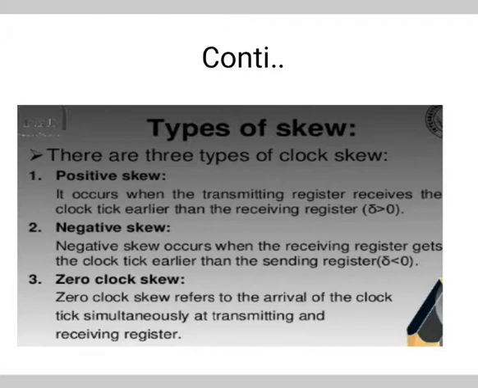Negative skew occurs when the receiving register gets the clock tick earlier than the sending register, and zero clock skew refers to the arrival of the clock tick simultaneously at the transmitting and receiving register.